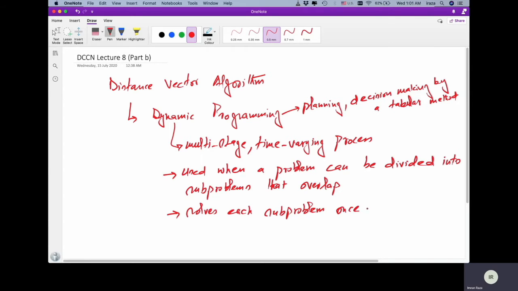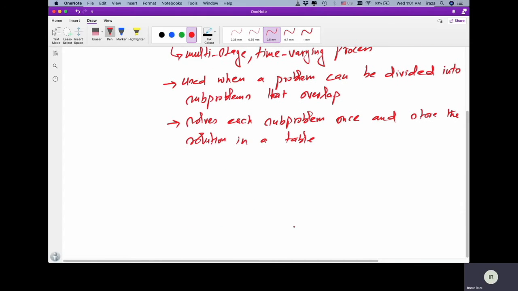Whenever we encounter the same problem, we do not need to compute it again and again.